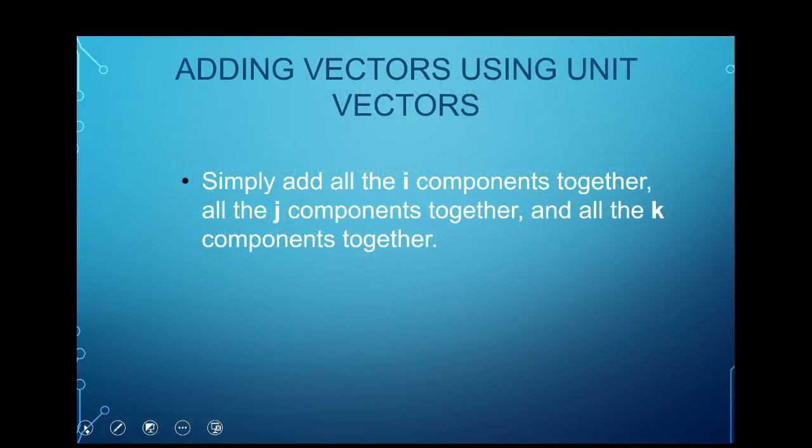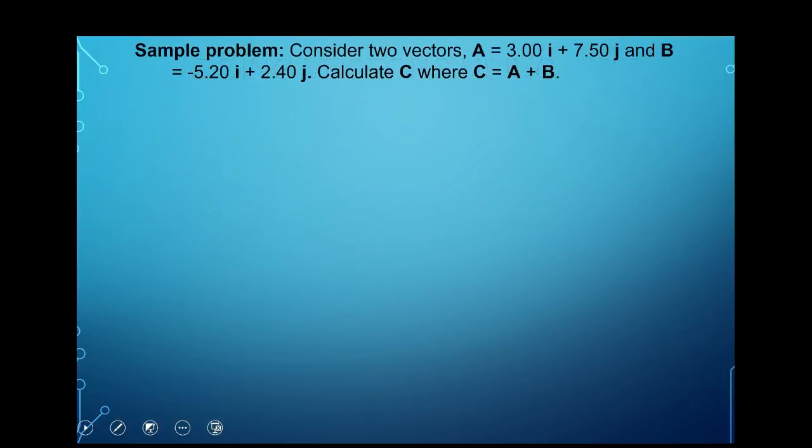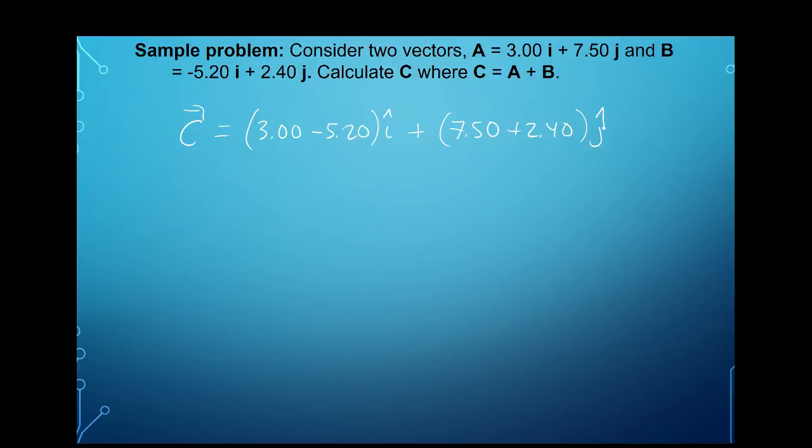So how do you add vectors using unit vectors? It's very easy. You add all the i's together, all the j's, and all the k's. So for example, if A is 3i plus 7.5j, and B equals negative 5.2i plus 2.4j, find C. Okay, well C is just going to be 3.0 minus 5.2 i hat plus 7.5 plus 2.4 j hat.